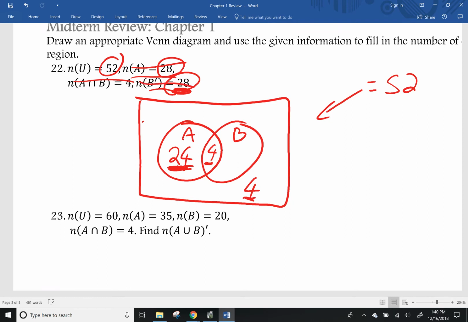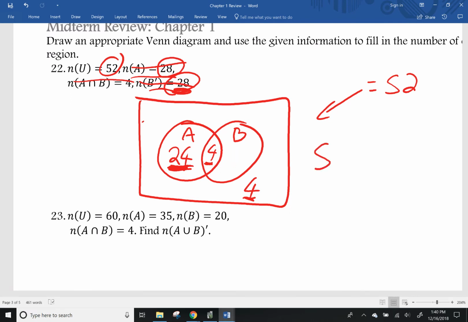All right, and the last thing, there's 52 in total. So if there's 4 in the rectangle, 24 in A, and 4 shared within A and B, then the difference must be how much is left here in this B portion.